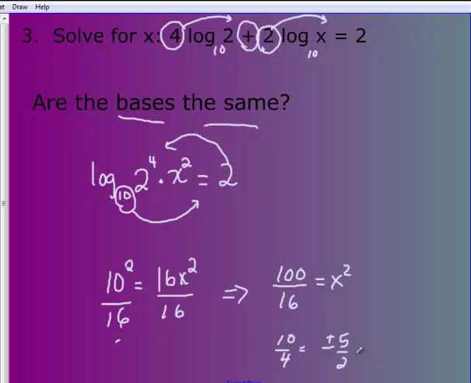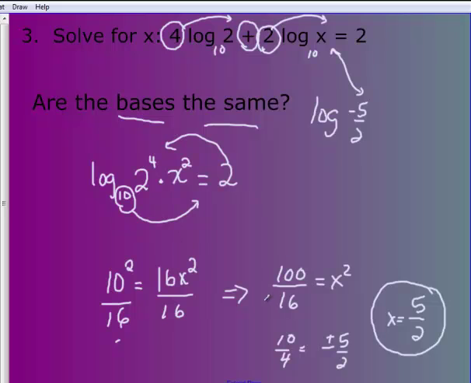But hey, I know my only answer is positive 5/2, because we just learned on the slide before we have to reject all the negatives, because I can't take the log of negative 5/2. Okay, done.